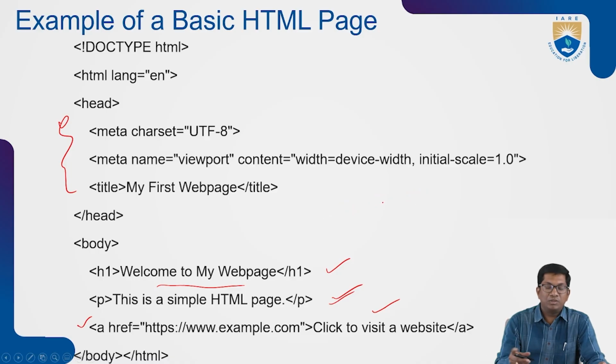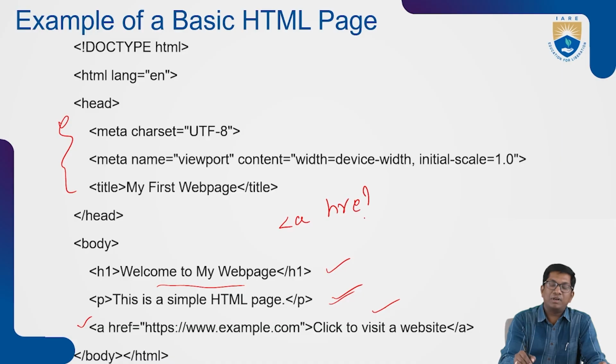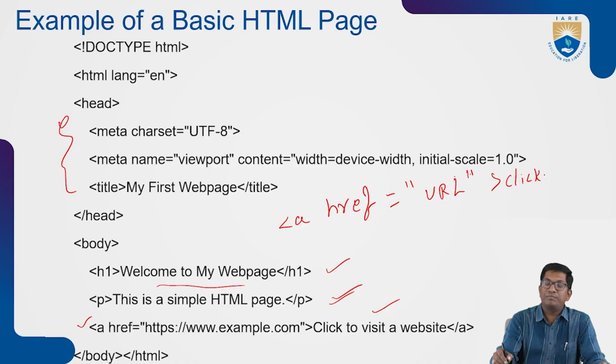Here we have to specify in the A tag href, hyperlink reference. Here you have to specify the URL, the page you are going to link to. That URL you have to specify, and you can write some text, click me, and end with the anchor tag.